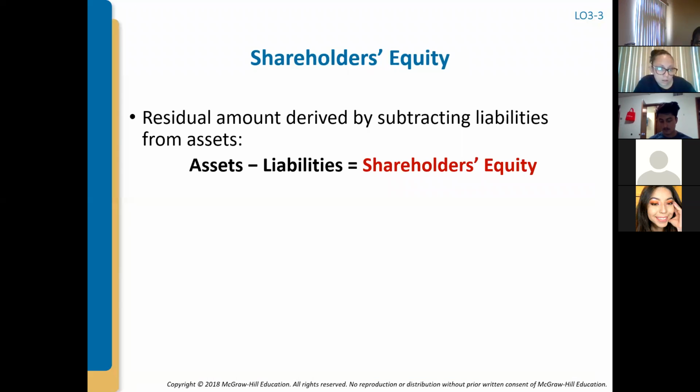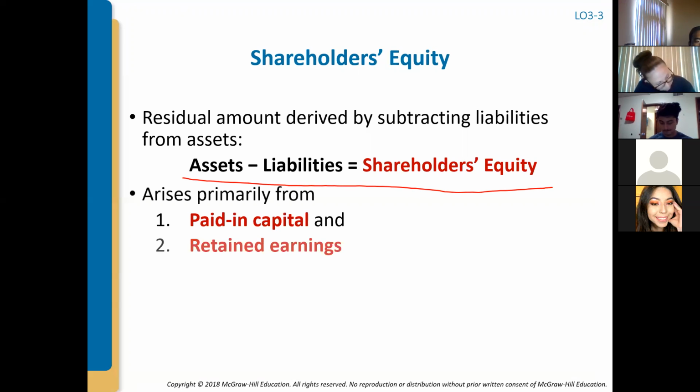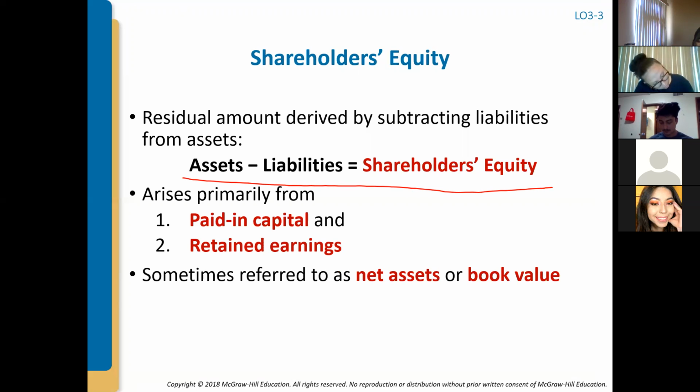Shareholders' equity. This is the residual amount. Assets minus liabilities equal shareholders' equity. It arises primarily from paid-in capital or retained earnings, and is sometimes referred to as net assets or book value.